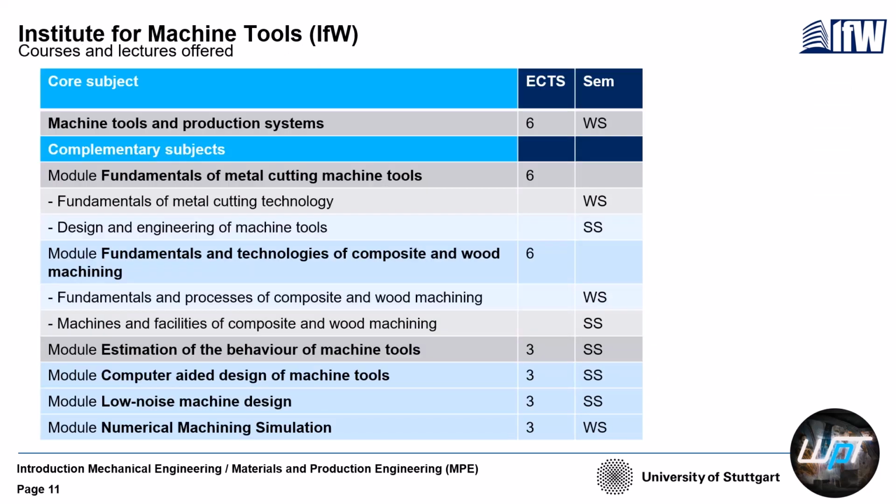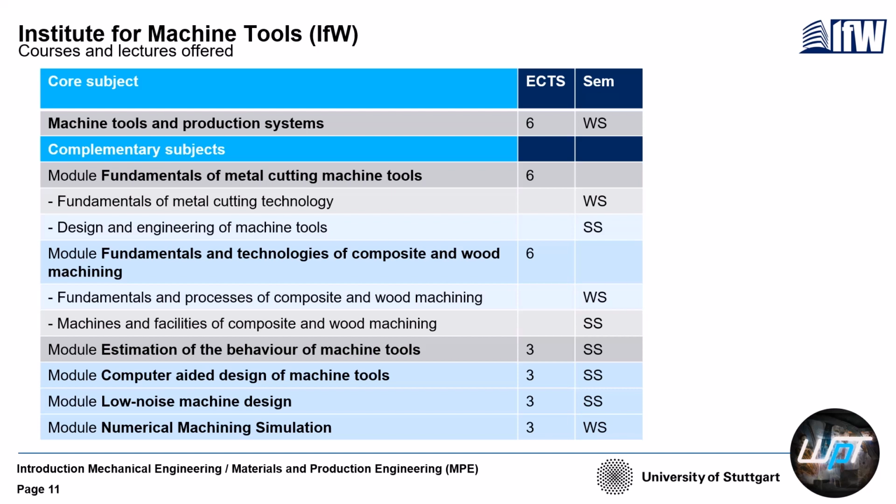With the next slide, again, I would like to give you an overview of the lectures that are given. The core concept is machine tools, as I told you, and entire production systems, which is not only one machine, but also a sequence up to big plants producing, for example, gearboxes, gear shafts, gear wheels, to complete the complete gearbox. And complementary subjects, as you can see here, which are relevant for your study.